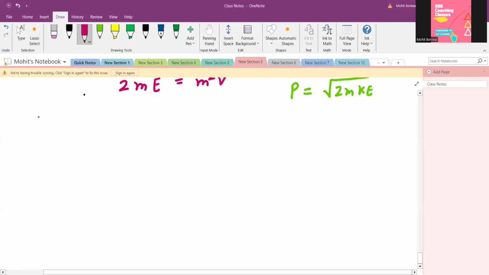Now the question is, we are having basically two objects. One is a light object and the second one is a heavy object, and they are moving with the same kinetic energy.